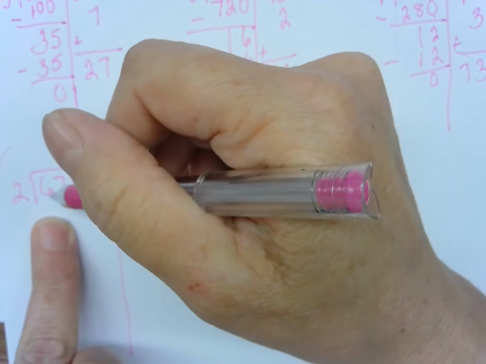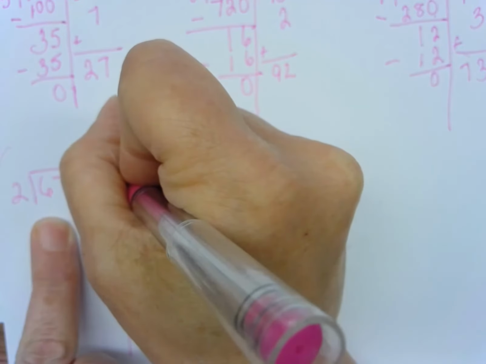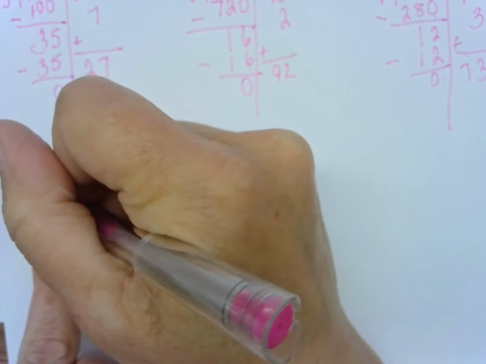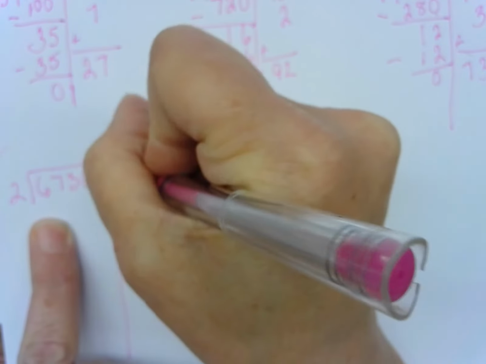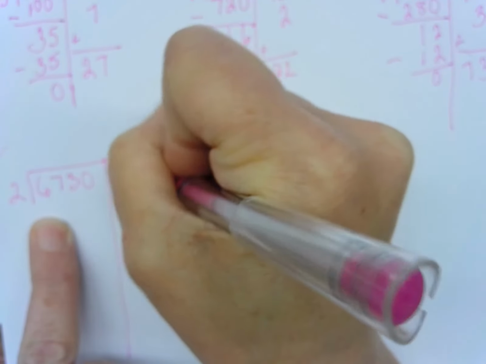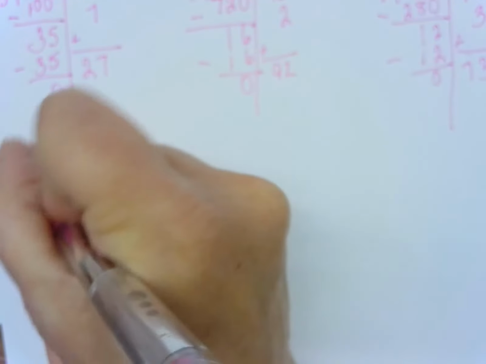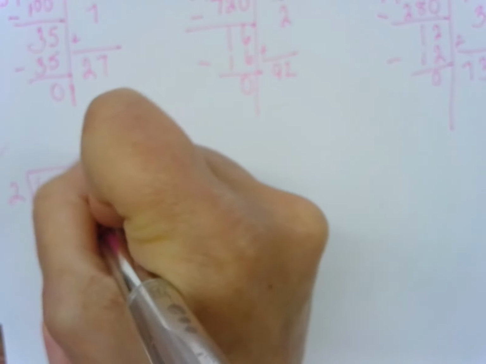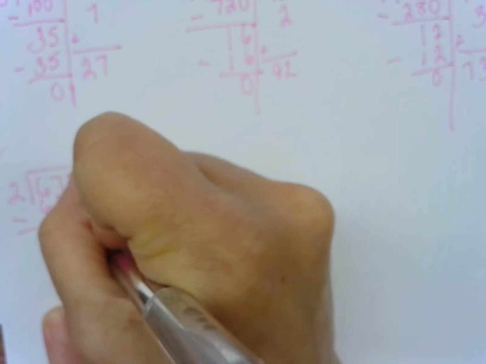Well, 2 goes into 6 3 times, but it's not just 6, it's 6,000. So 2 goes into 6,000 3,000 times. 3,000 times 2 is 6,000. We subtract.